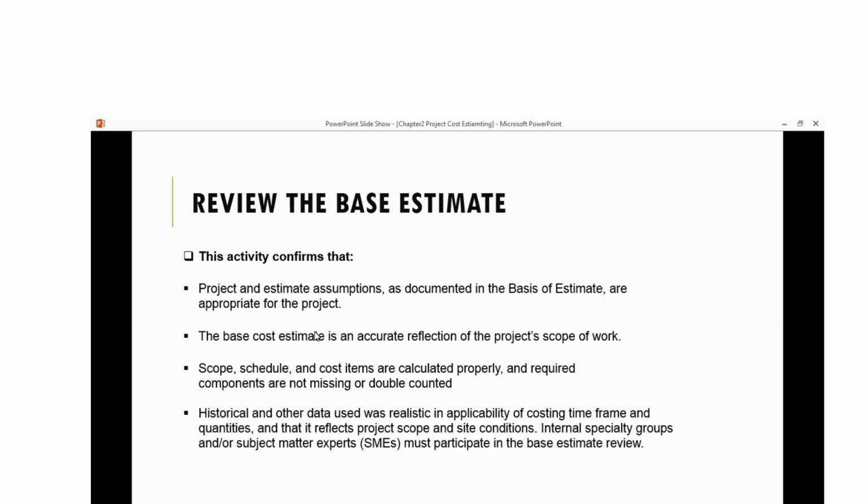That means I have to revalidate the scope once more, revalidate the estimates and add the new estimates. So that will affect the scope-based estimate, in which I have to re-baseline it and re-evaluate it once more again. So the base cost estimate provides an accurate reflection of the project scope of work.